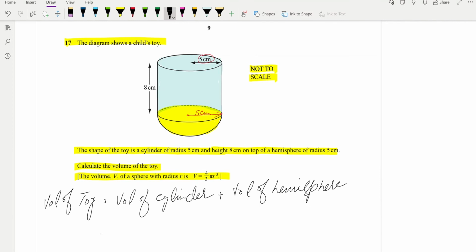This will be our strategy. The volume of the cylinder is pi r squared multiplied by h, and plus the volume of the hemisphere is 1 by 2 into the volume of a sphere, which is 4 by 3 pi r cubed, which is given over here, right?